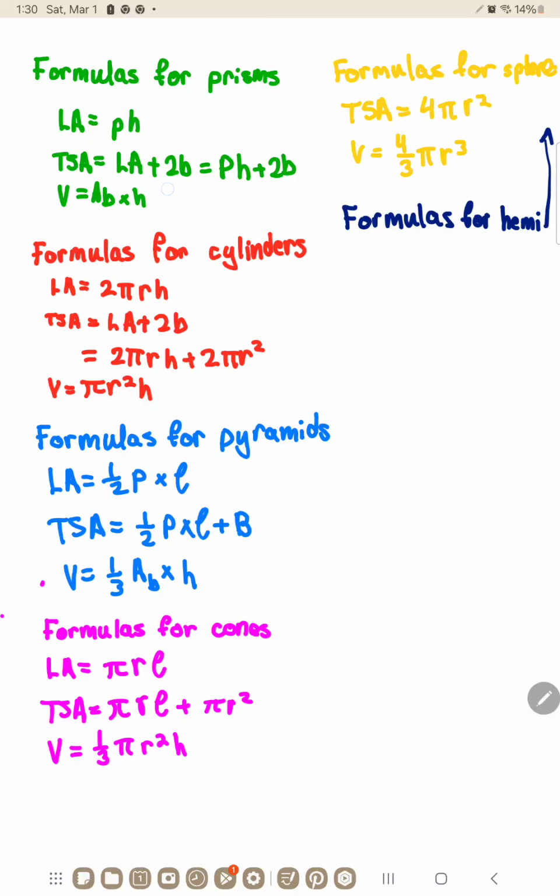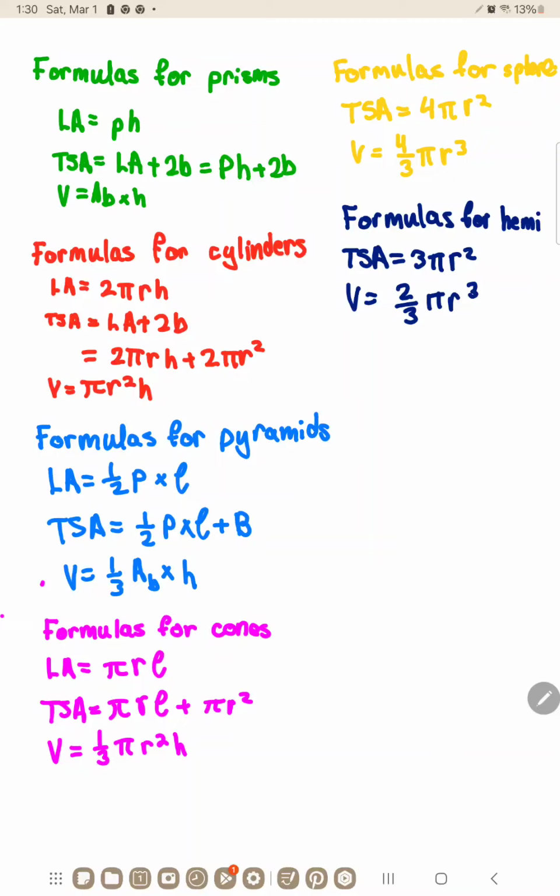For the hemisphere, total surface area is equal to 3 pi r squared, and the volume is equal to 2 over 3 pi r cubed. If I'm not wrong, yeah, pi r cubed. These are all the formulas we need to know.